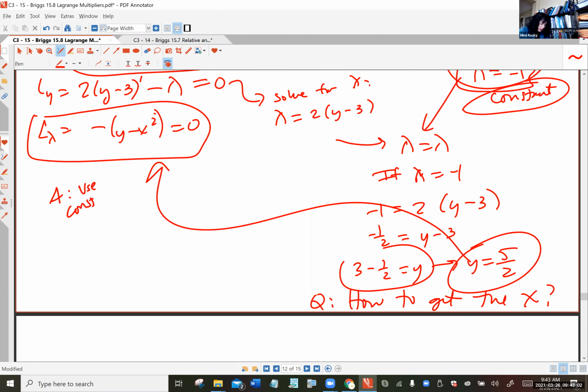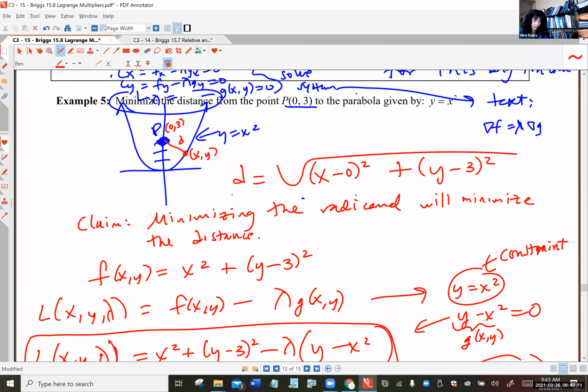So the answer is use your constraint. And remember your constraint, the easier version of it is just y equals x squared. So what am I saying? If you look at the picture of what we're trying to do, folks, don't lose sight of the actual application. This point has to be living on the parabola itself because that's the way the problem is. Please say yes. Yes. Okay, so you know that y, we just got it. It's 5/2.